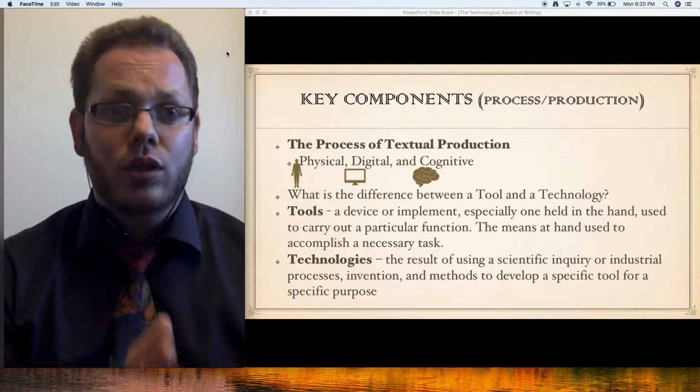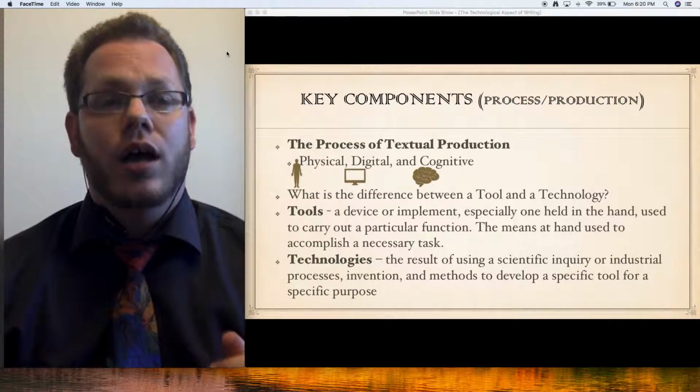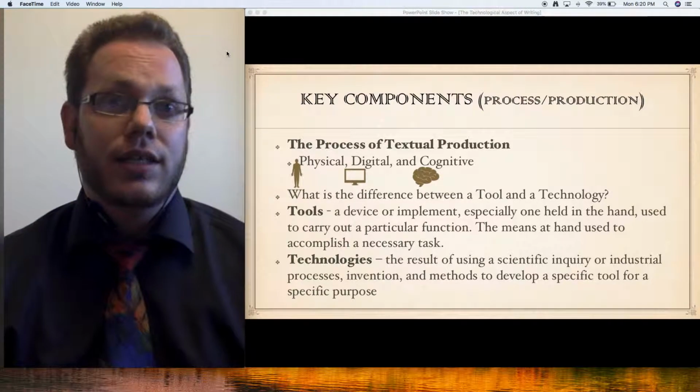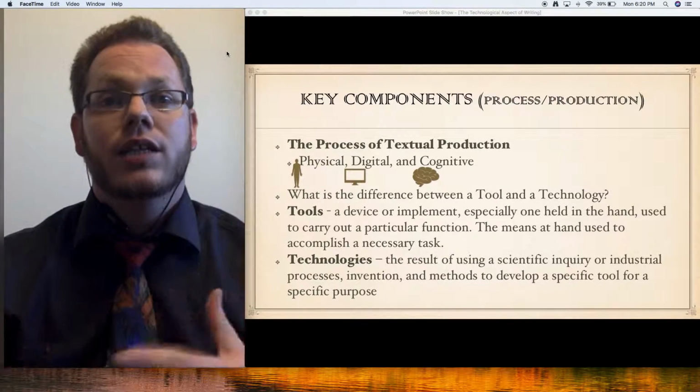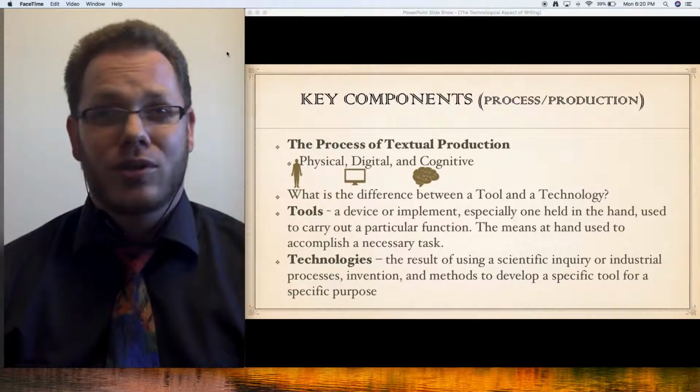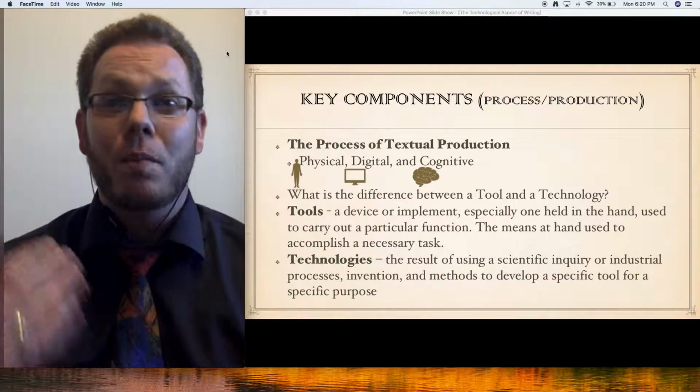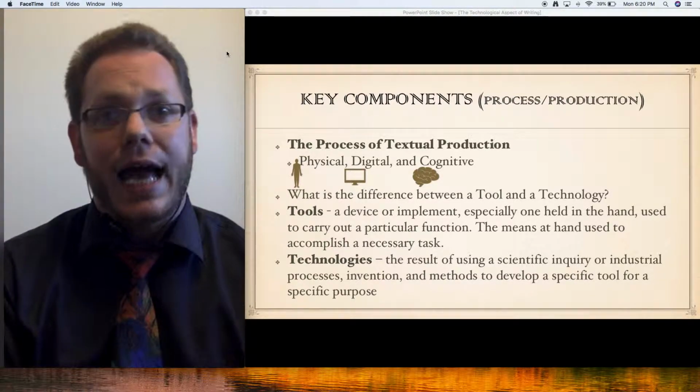So a tool is the means at hand used to accomplish a necessary task. A technology is the result of some sort of process of inquiry, invention, or some sort of scientific method used to make something better at a specific task.